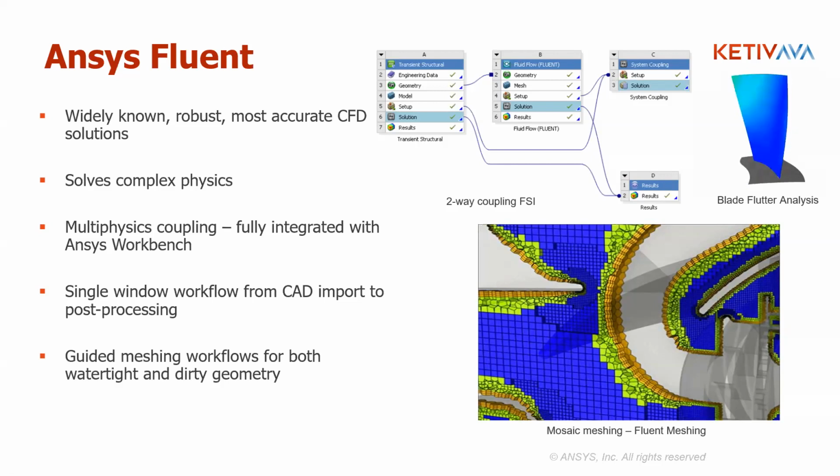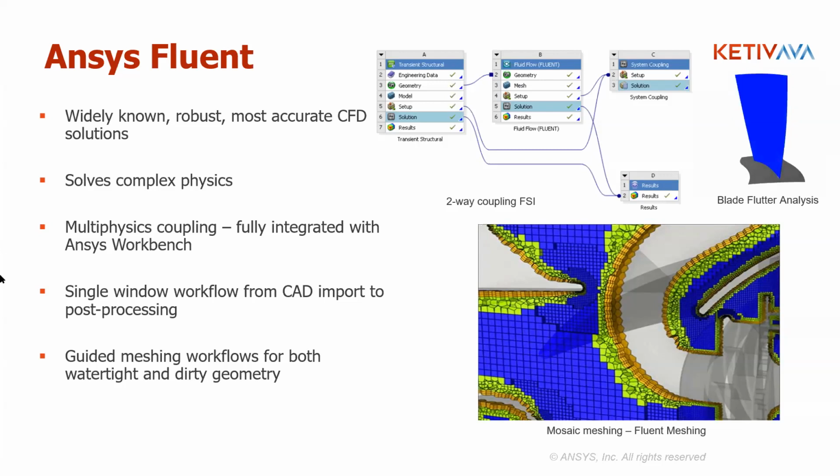Now, all this sounds a little complicated. What if you're just starting off with CFD and you do not have a lot of knowledge about meshing or about setting up simulations, or you do not have a very good understanding of how coarse or how fine your mesh needs to be in which region to get the most accurate solution, right? What does Fluent have to offer in that scenario?